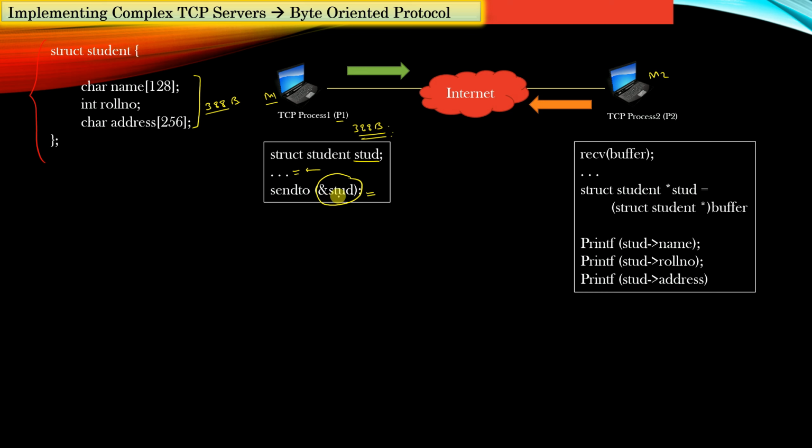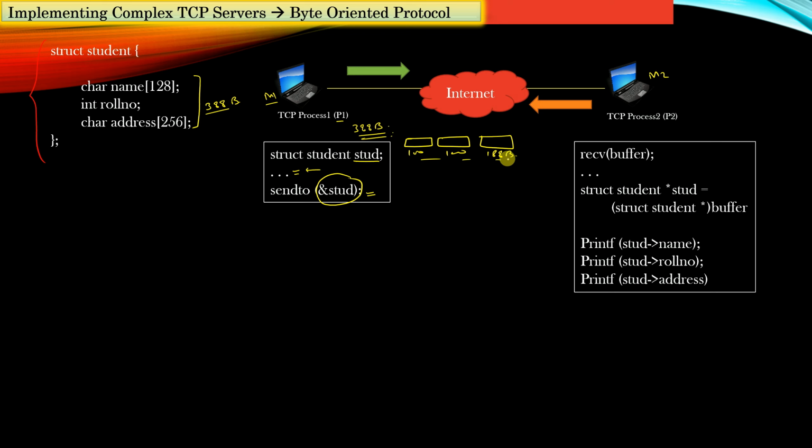Now as I said, the TCP protocol works at the byte level. It has nothing to do with whether the process P1 has sent the entire message as one single 388-byte message. TCP can split the message into smaller segments of any random sizes. Let's say it is 100 bytes, 100 bytes, and 188 bytes.